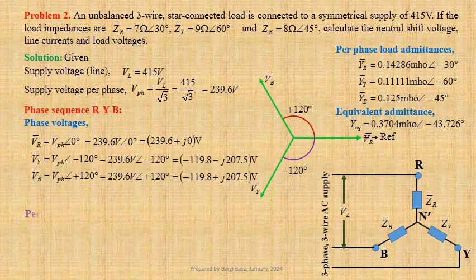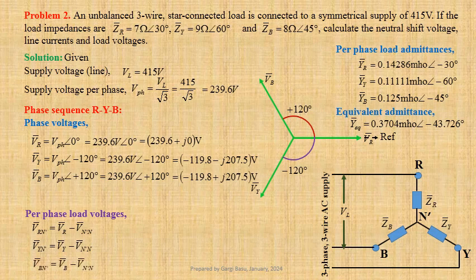Expression for per phase load voltages: Vrn' equals Vr minus Vn', Vyn' equals Vy minus Vn', and Vbn' equals Vb minus Vn'. We have obtained neutral shift voltage Vn' equals 43.1668 volt at an angle plus 91.3668 degree.